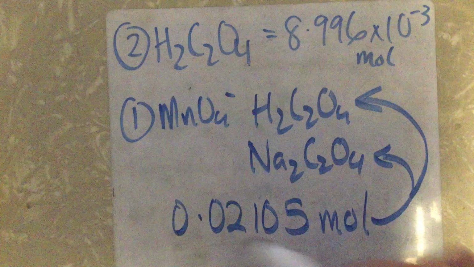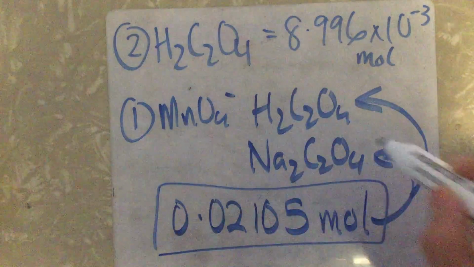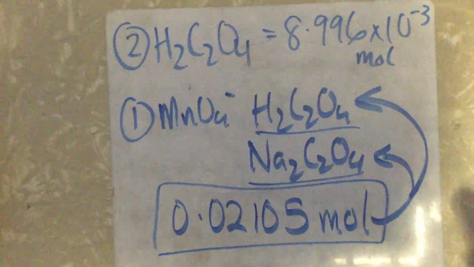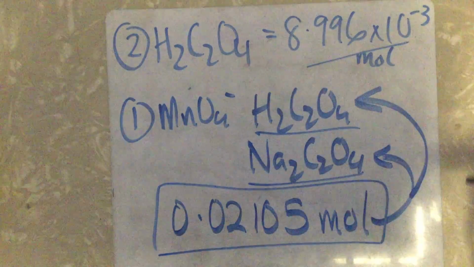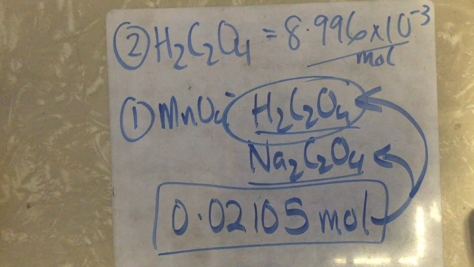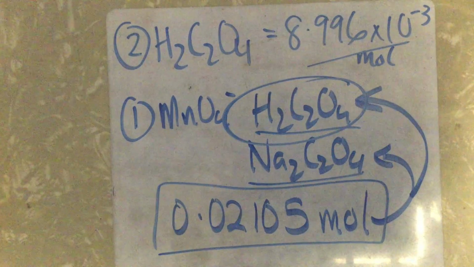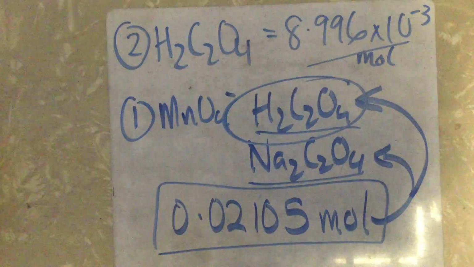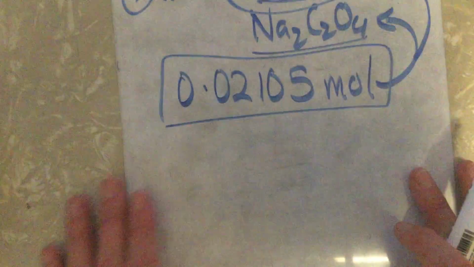Okay, so we've got this number, which gives us both of these moles, and we've got this number that gives us the acid only. So we need to do a subtraction, and this is a common thing that we have to do in scholarship type questions where we tend to have lots of mixtures.